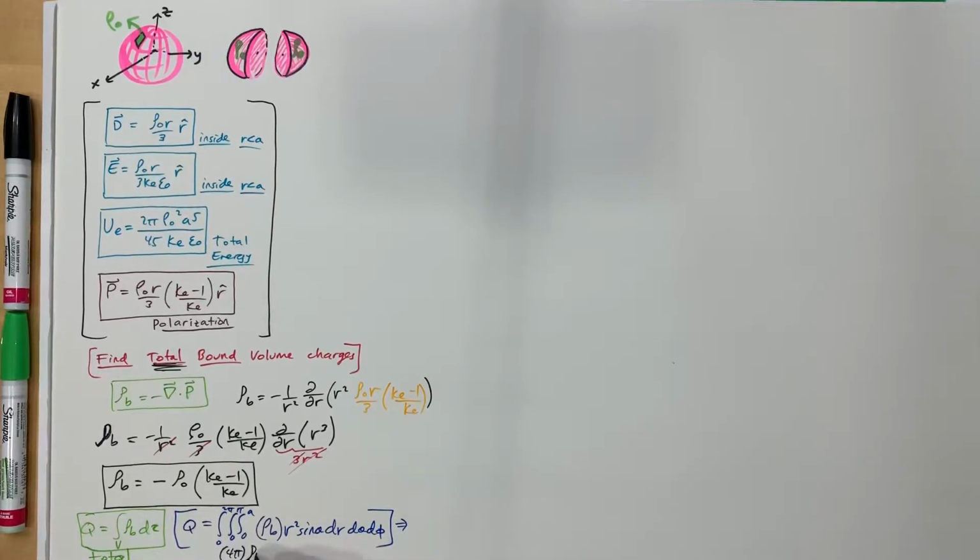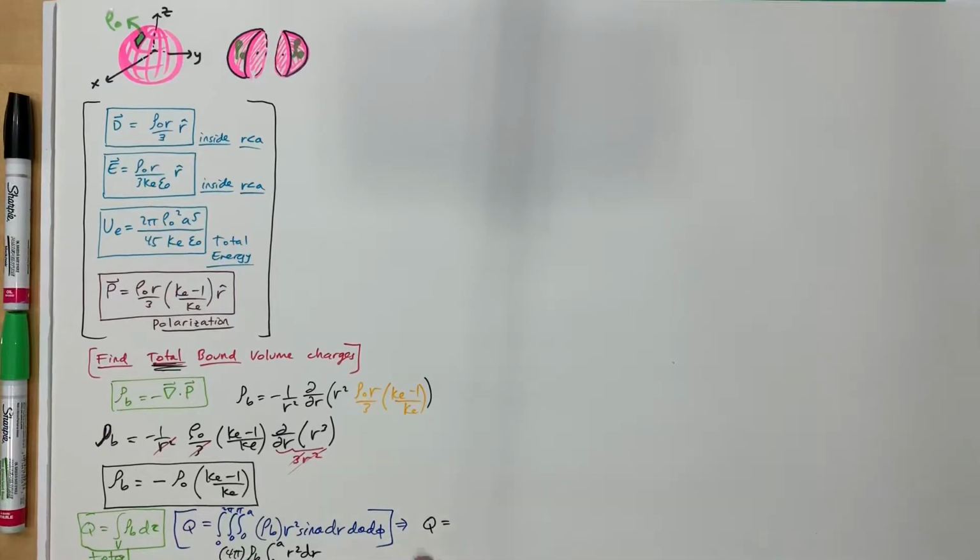We have the volume bound charge density pulled out, and then the only thing we're going to have left is the integral from 0 to a of r squared dr. Once we evaluate this, we're going to get r to the third over 3, and we're going to replace that with a.